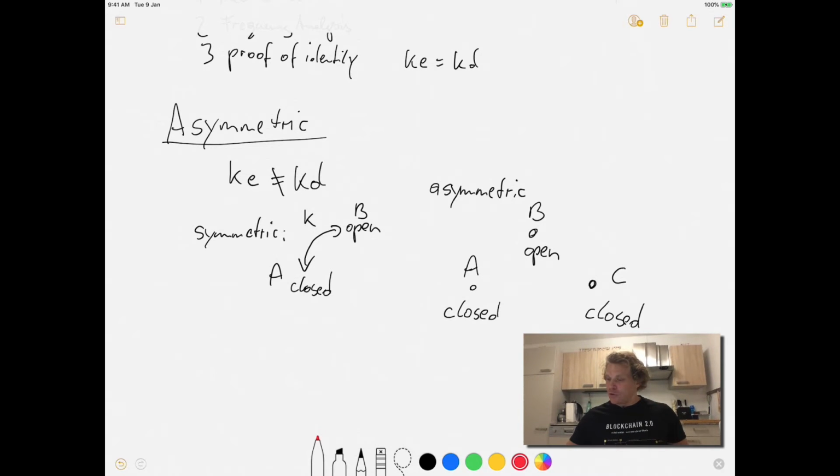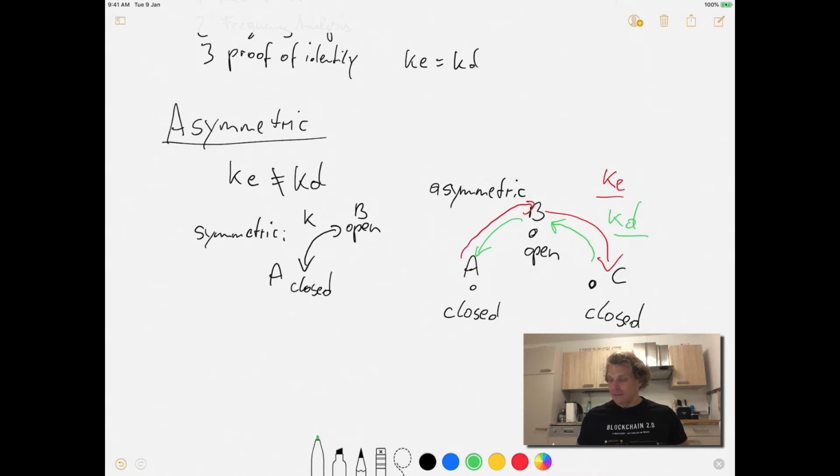We have a key for encryption, red, and this key can only turn the lock this way. And then we have a key for decryption. And this key can only turn it this way. So here it goes both ways in the symmetric. Here it goes only in one way.